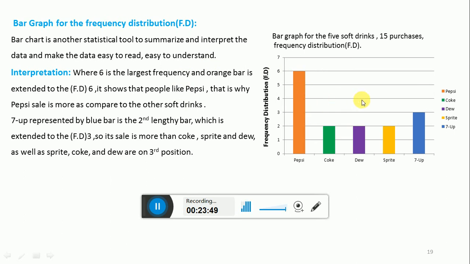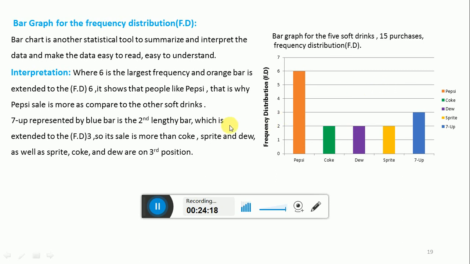So from this graph, a statistician can also summarize the data and understand that a large bar represents a major portion of the market and a small bar represents a lower portion of the market. So a statistician can say that this particular soft drink is more attractive and this particular soft drink is less attractive.